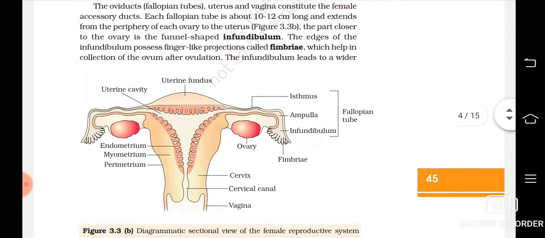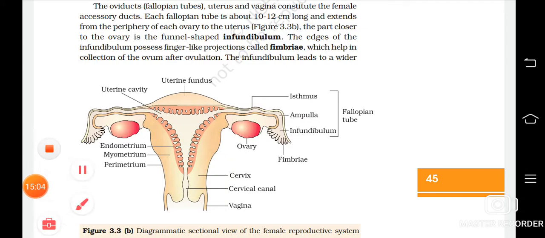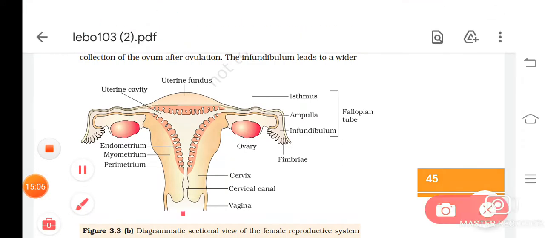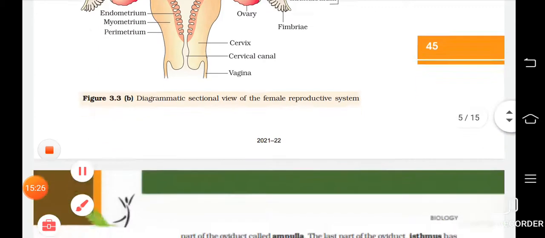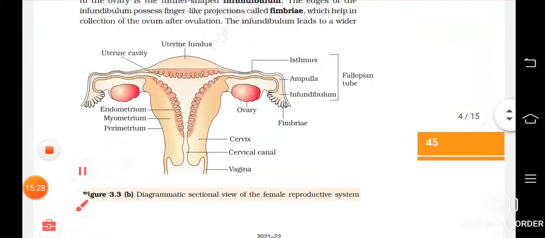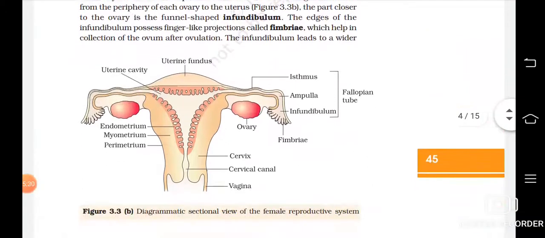The male gametes will reach from this side and go this side or that side, anywhere, and wherever the ovum or egg is collected, there only fertilization takes place, in the fallopian tube. Is it clear? So in this way the fertilization takes place.